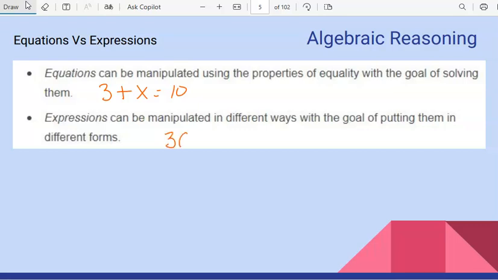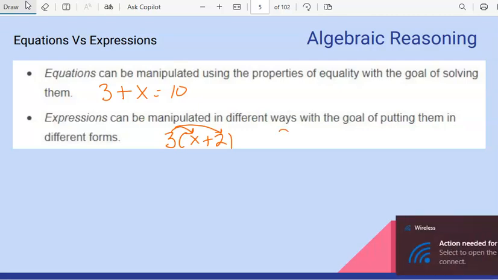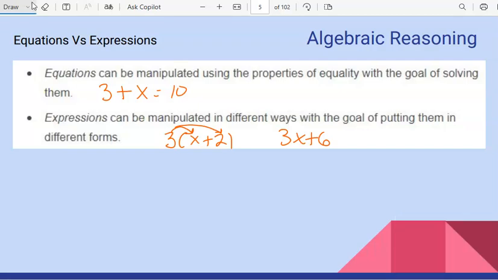For example, we have 3(x + 2). If you distribute those, it's the same thing as 3x plus 6. Expressions do not have a relation symbol, and equations do. It has an equal sign right here.